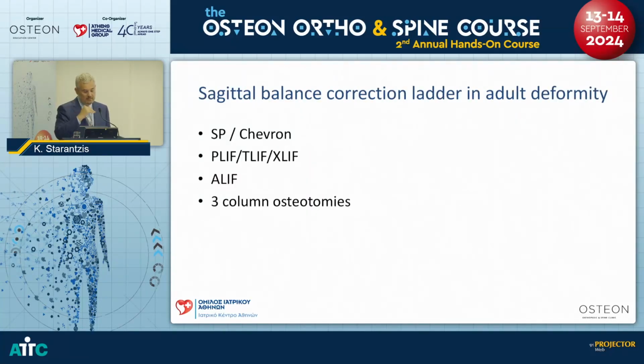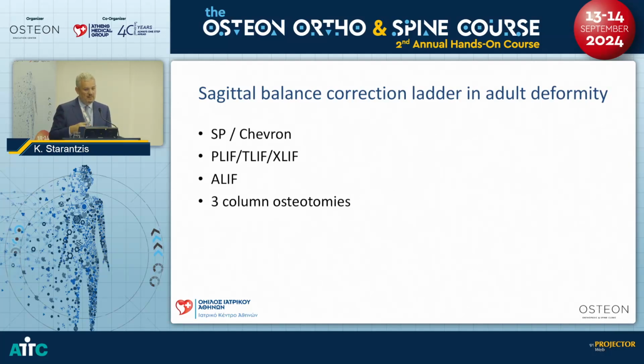So in my mind, Ibrahim will talk about this, the ladder in deformity surgery, the aggressiveness of the surgery goes up like this. You have the class 1 and 2 osteotomies, SP and chevrons. And then you do PLIFs, T-lifts, X-lifts.